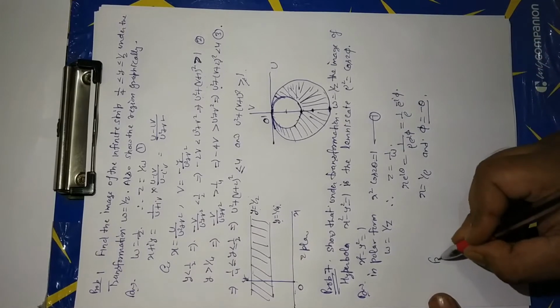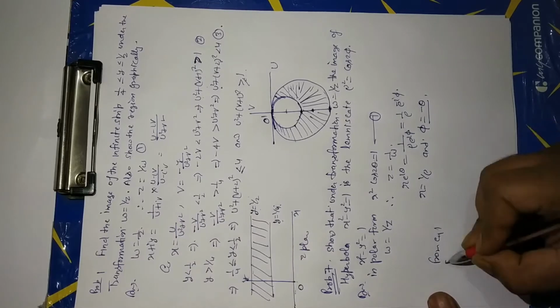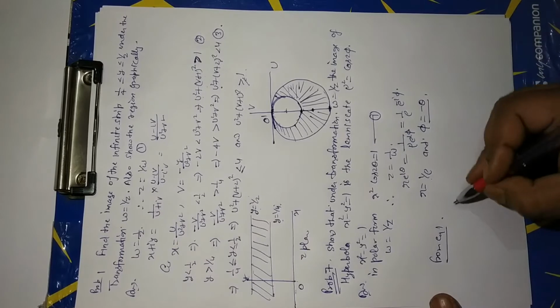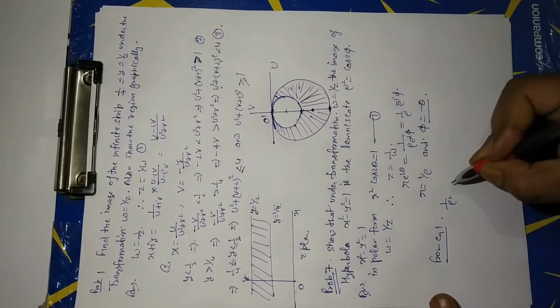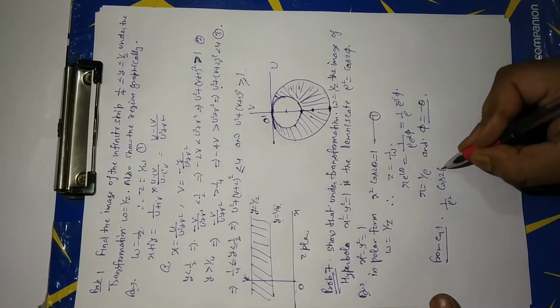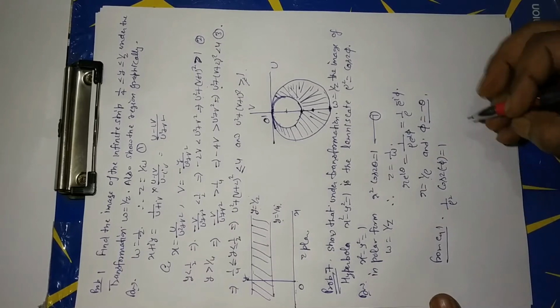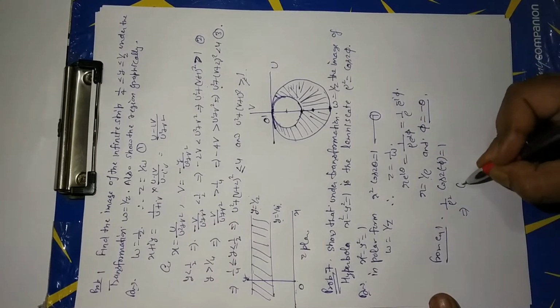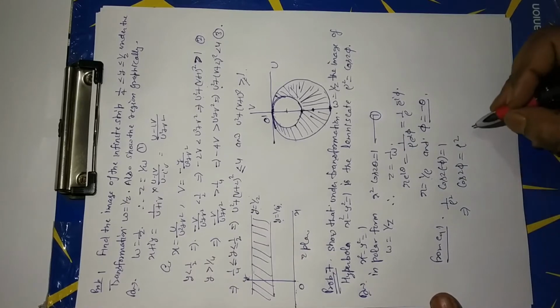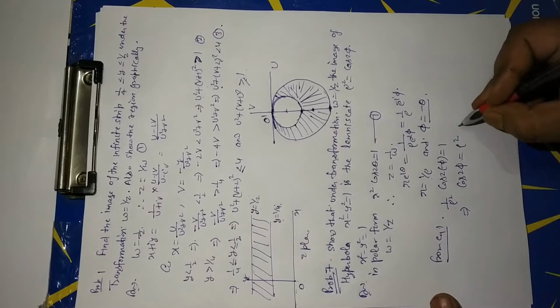From equation number first, we get r square cos 2 theta equal to 1, which gives 1 upon rho square cos 2 phi is equal to 1, which implies cos 2 phi is equal to rho square. This is the equation of the lemniscate.